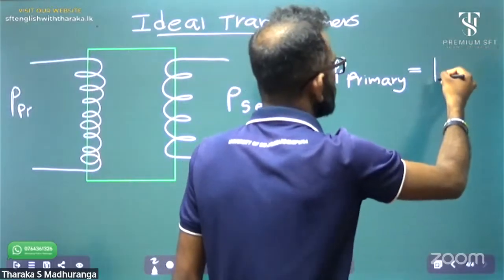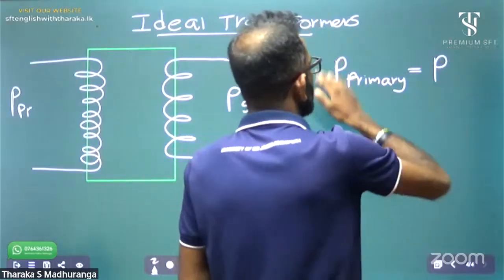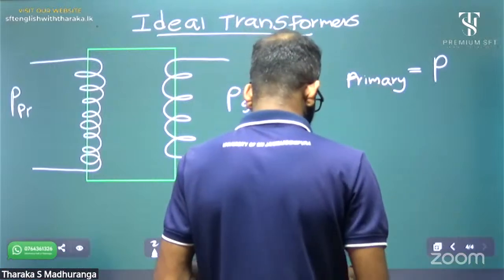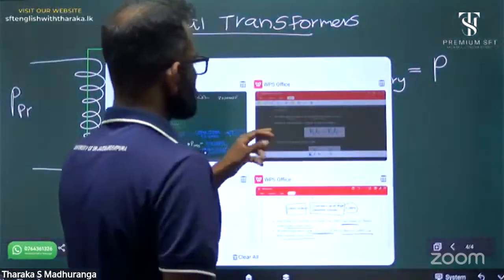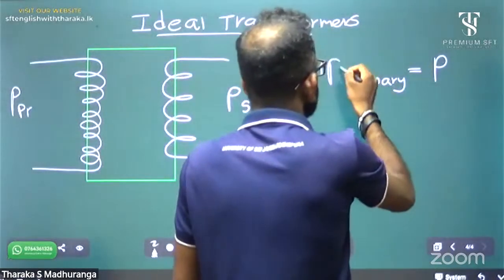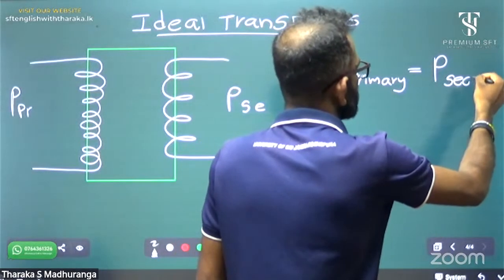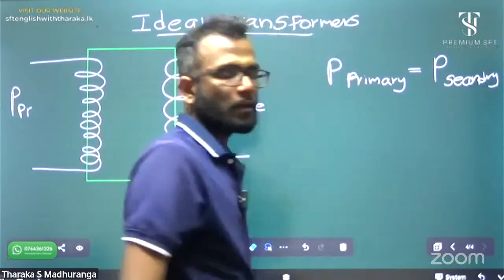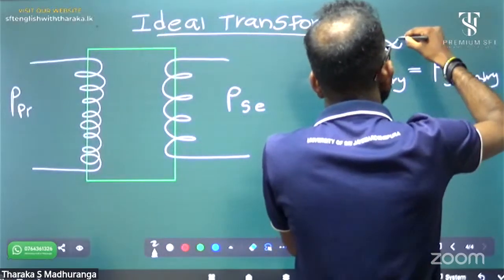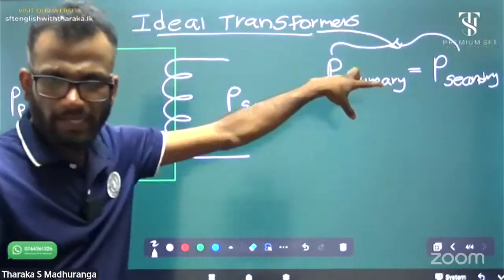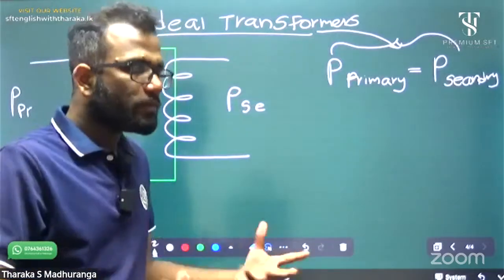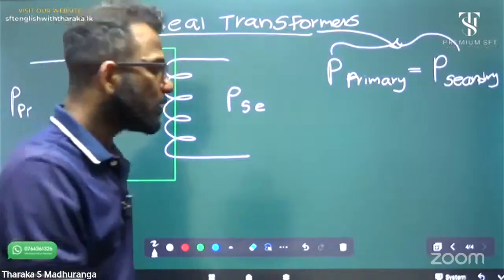That means power primary equals power secondary. This is the ideal concept, a fully theoretical concept that I always explain. Practically, we can't find this type of transformer. Every transformer has energy loss due to the resistance of the coil.